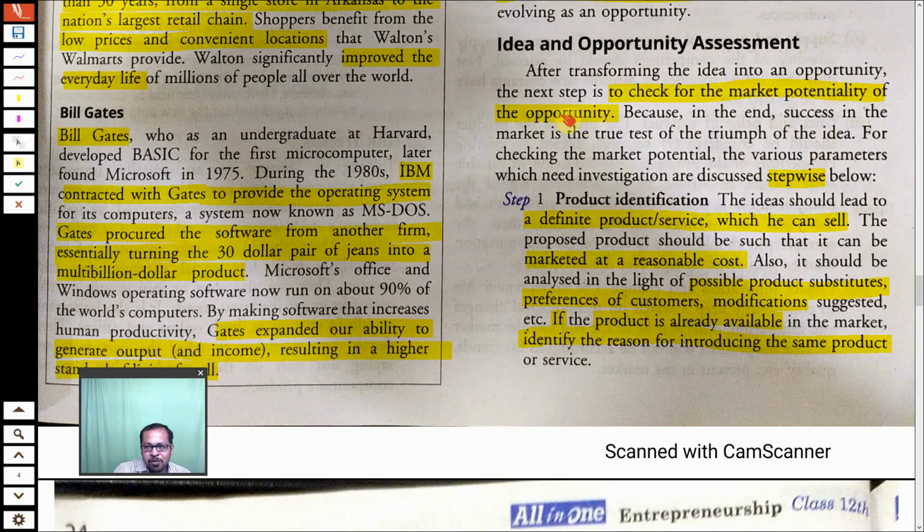If you are able to earn profit, it means that there is potential in that particular opportunity. So which are the steps? First, it was the idea. We decided its viability. If the idea is viable, then there is an opportunity, and after the opportunity we decide the market potentiality of the opportunity.